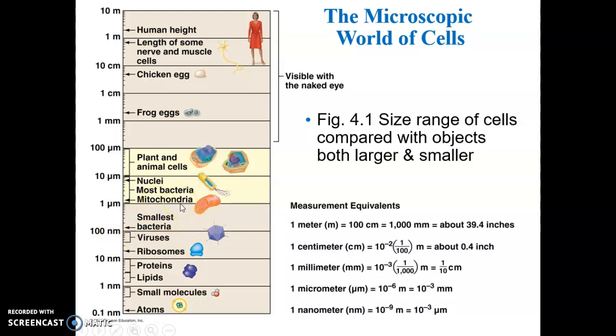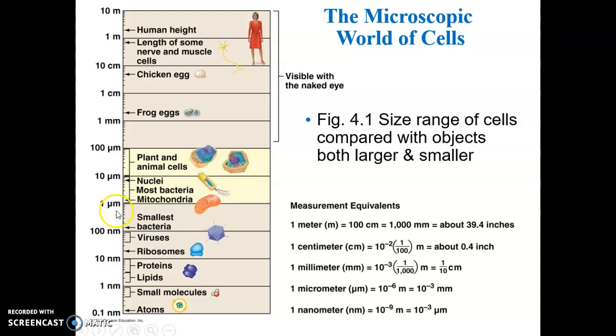Mitochondria within cells that generate ATP are actually about the size of some bacteria. Most bacteria are in this range, about 10 microns. Actually, I was saying microns down here, but this is nanometers. This is smaller than a micron. This weird-looking U here is actually the micron unit.